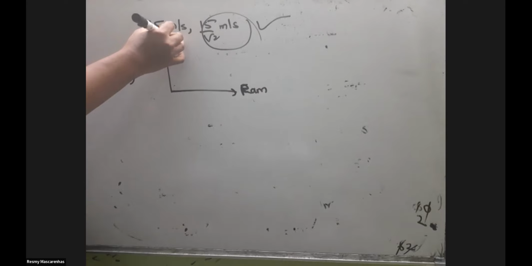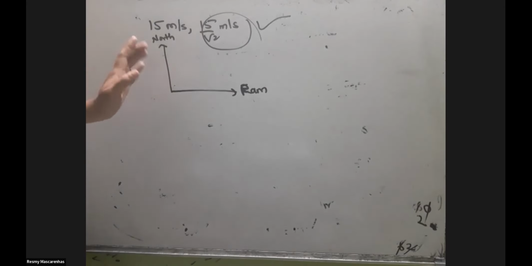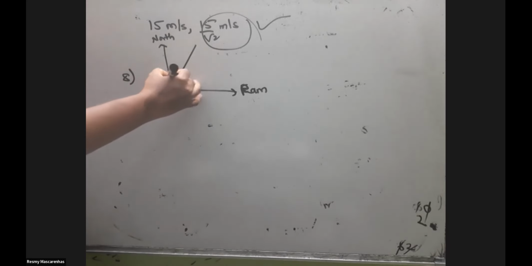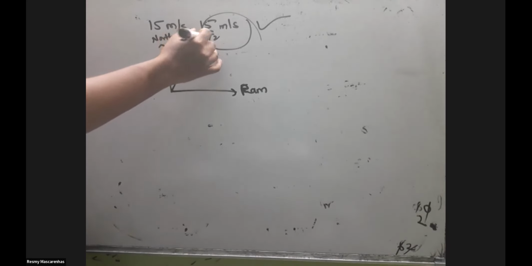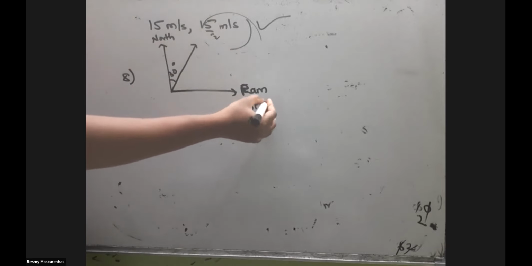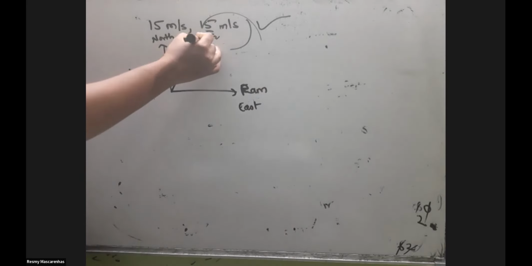This is north. But he's not going sharp north. The person is moving slightly 30° on the east side. If it was on the west side, then 30 would come on that side. 30 degrees towards the east side. This fellow is Sham.